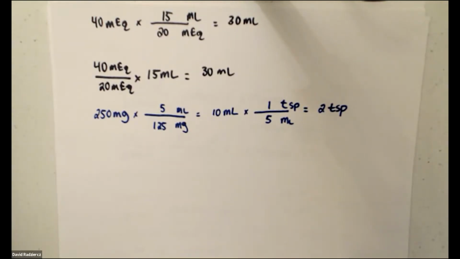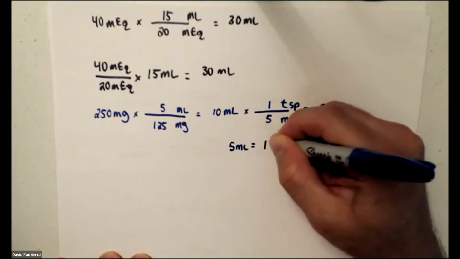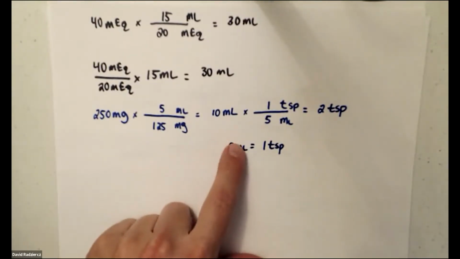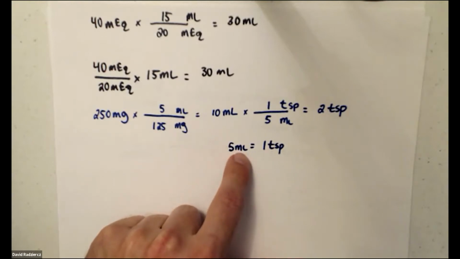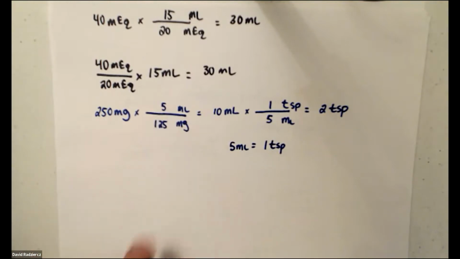Now, there's a shortcut to this question. 5 milliliters equals 1 teaspoon, right? Because that's something you already have to know. So couldn't I just substitute the 1 teaspoon for the 5 milliliters and save a step?